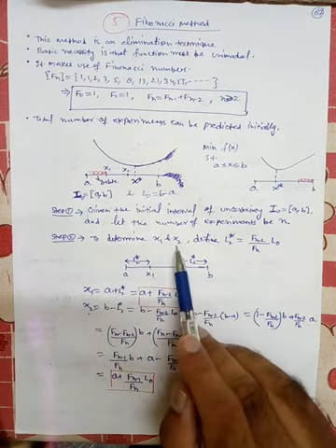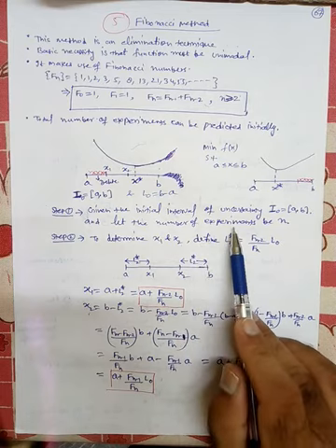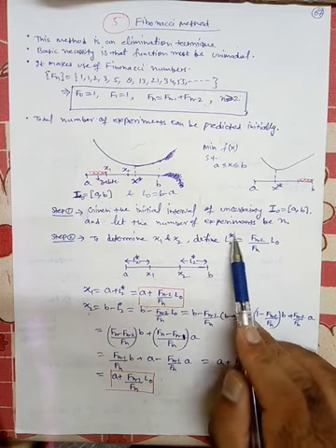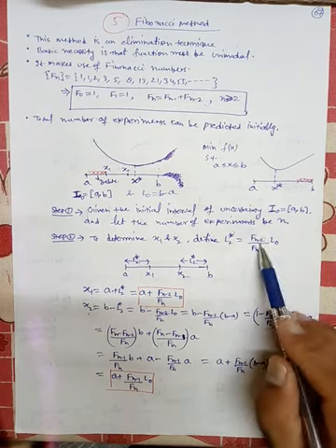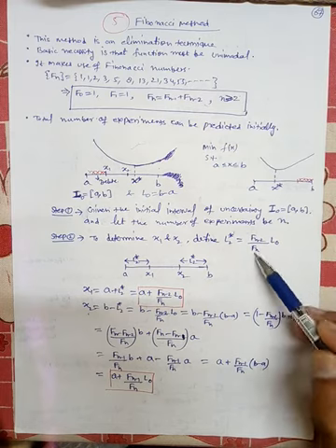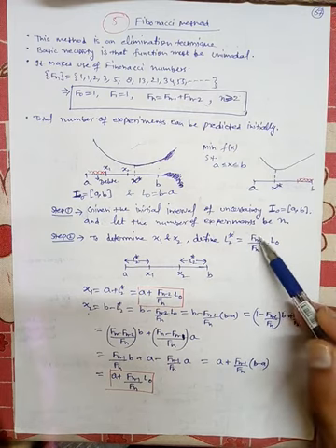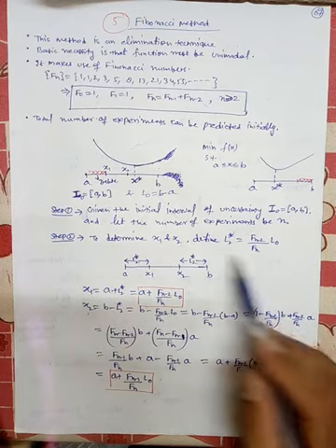To determine x1 and x2, define L2 star. L2 star is f of n minus 2 divided by fn, and this ratio is multiplied by L0.